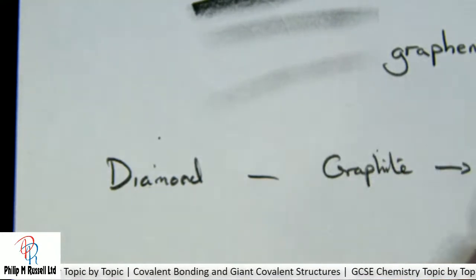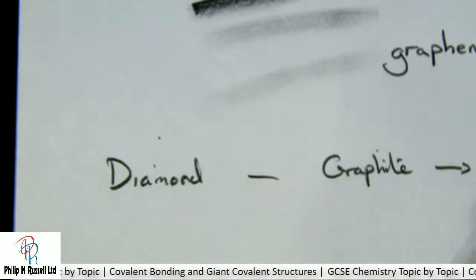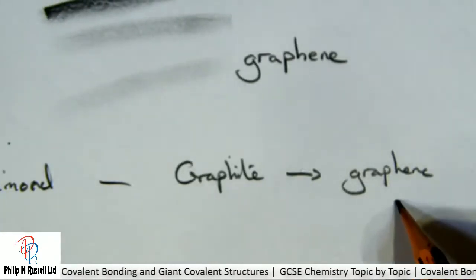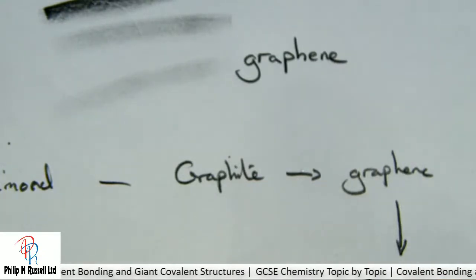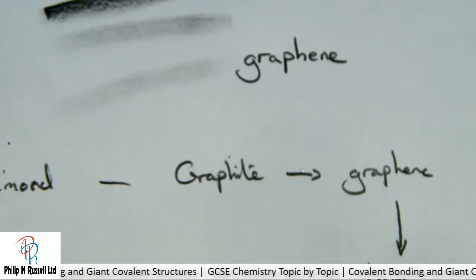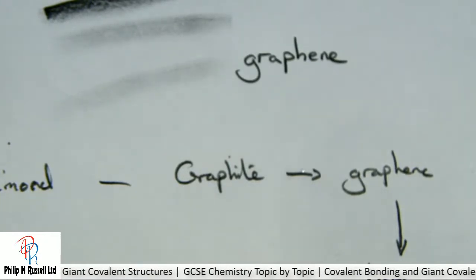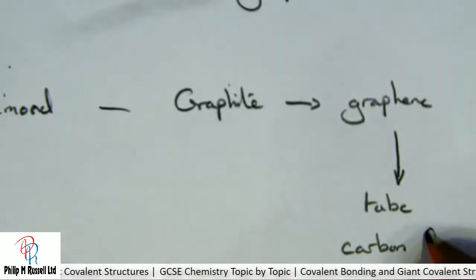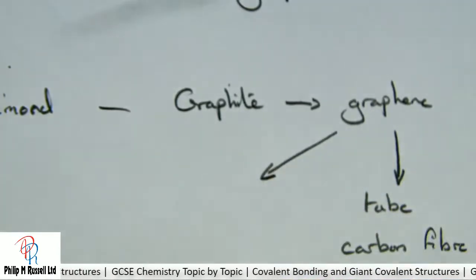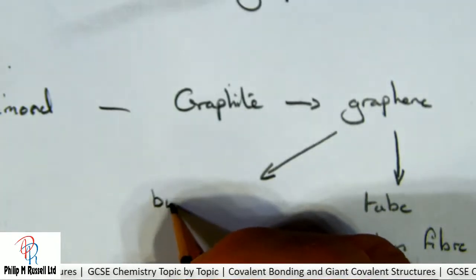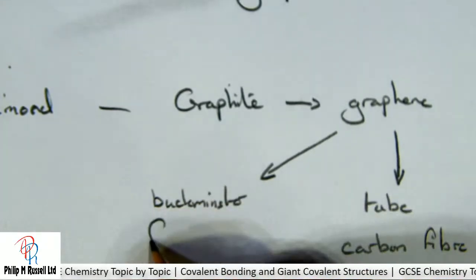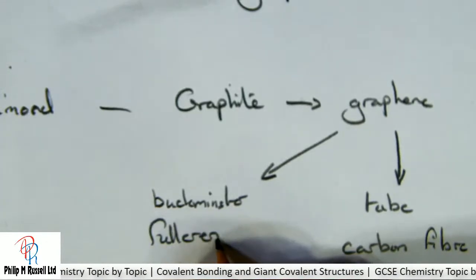With graphite, we can take a layer off called graphene, and this graphene we can either make into a tube, and we're going to call this carbon fibre, or we can roll it up into a sphere and call it a Buckminster Fullerene.